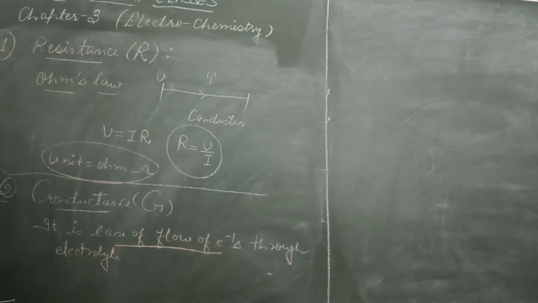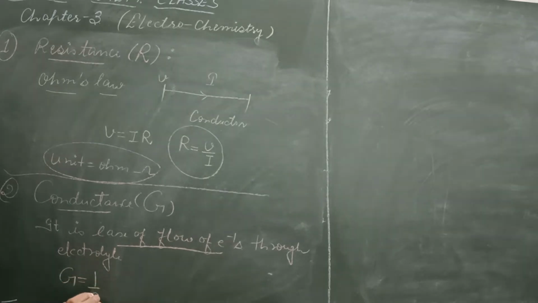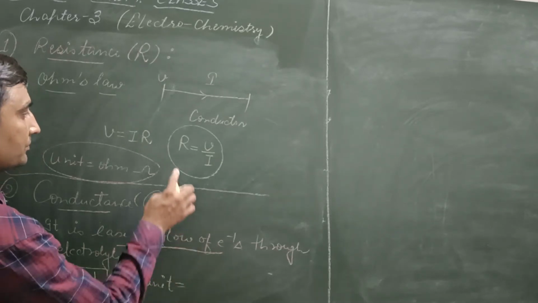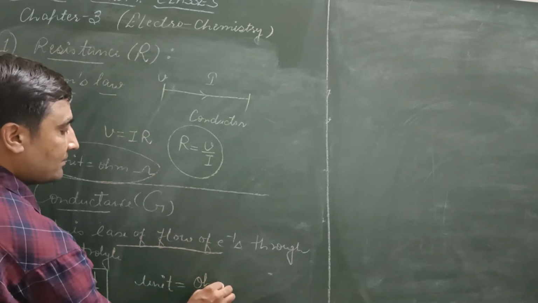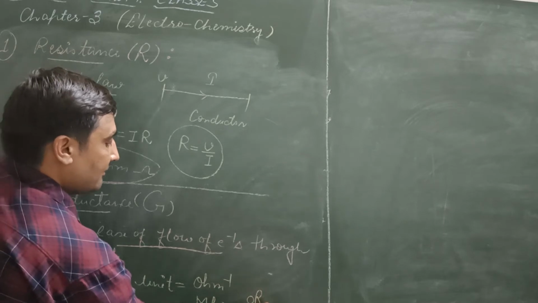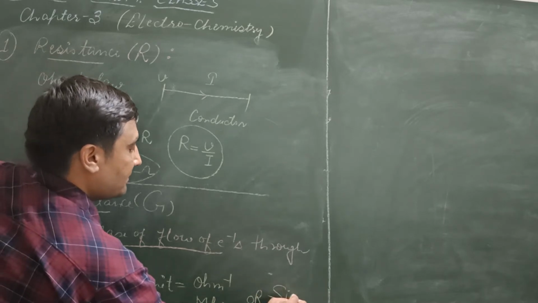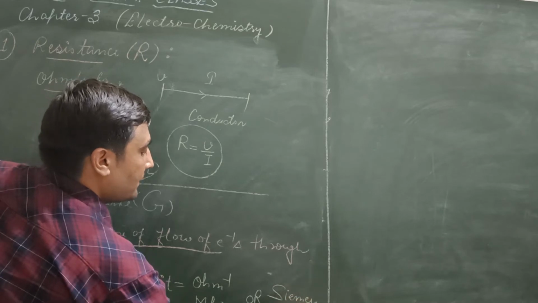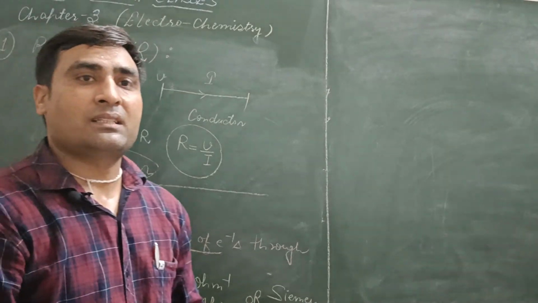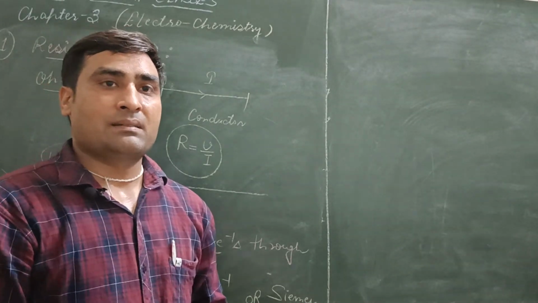G is the reciprocal of resistance R, and its unit is ohm inverse, that is mho, or the basic term Siemens, shown by S. So this is about the basic terms of this aspect.